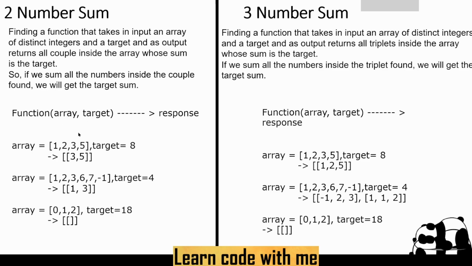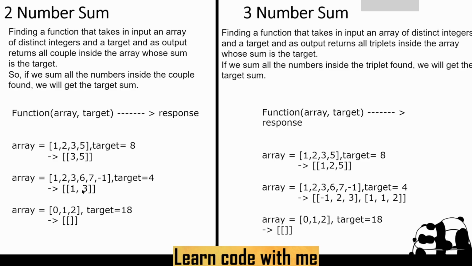Let me jump into this problem. Let's say the function takes as input an array and a target, and as output we get the response. For example, the array is 1, 2, 3, 5, and the target is 8. The only two numbers whose sum is the target are 3 and 5.